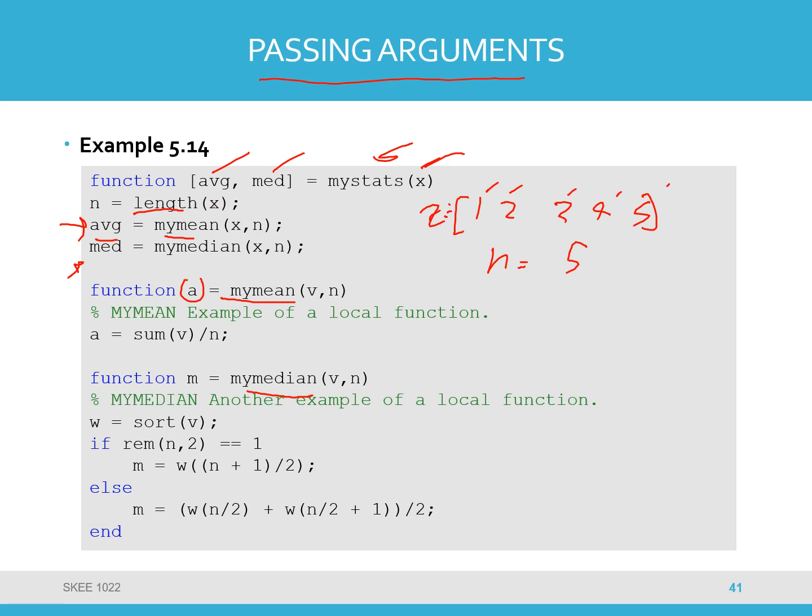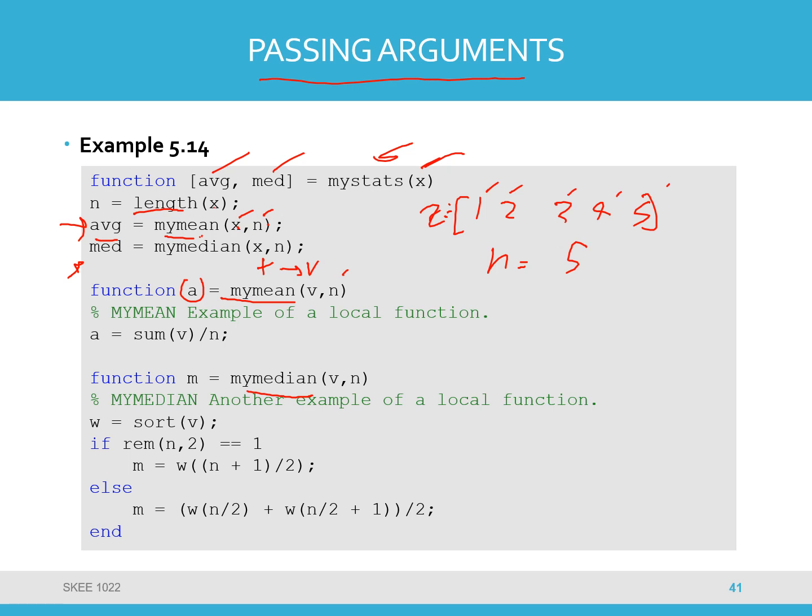Same as here. If you look here, your input for my mean is x and n. So you maintain the n, but x becomes v. It's okay as long as you know the position of the input.